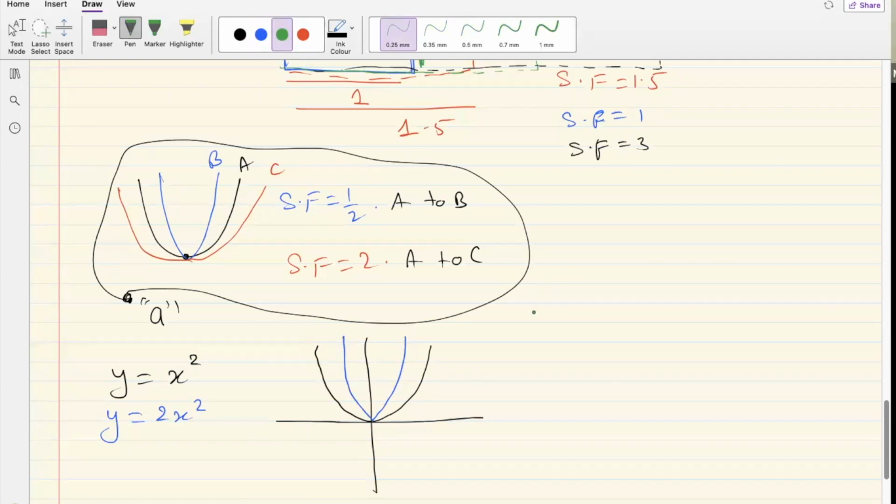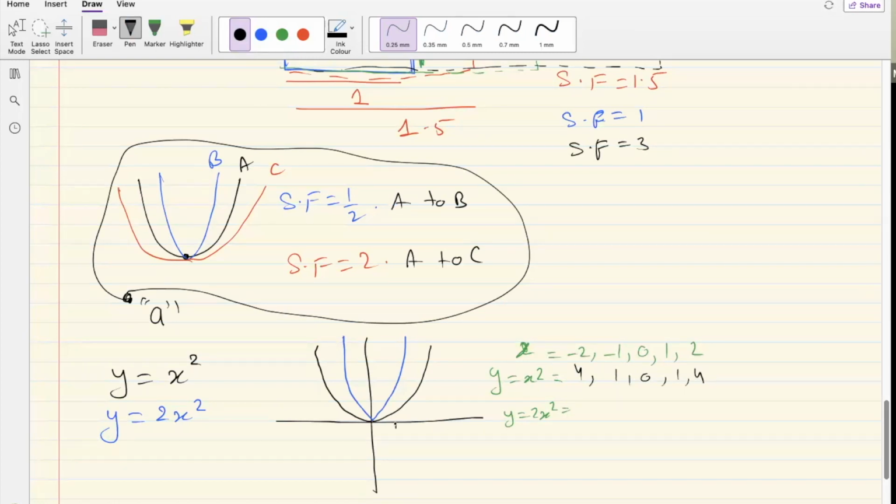Just to make our concept concrete, let's discuss a few values. x is equal to -2, -1, 0, 1, 2. For the first one, y is equal to x squared, and for the second, y is equal to 2x squared. For the first, (-2) squared is 4, then 1, 0, 1, and 4.